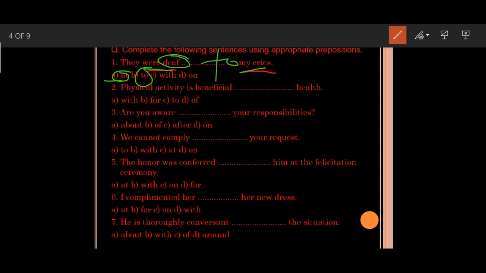Question number 2. Alright, let me tell you something about the first question once again. There is also a matter of particularizing something. To means we are particularizing something. At means when we are using at, you are visualizing the thing. At my dress, I told you the example, or they were laughing at my hairstyle.